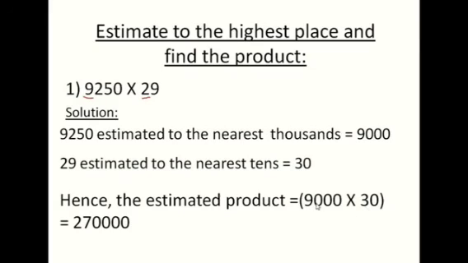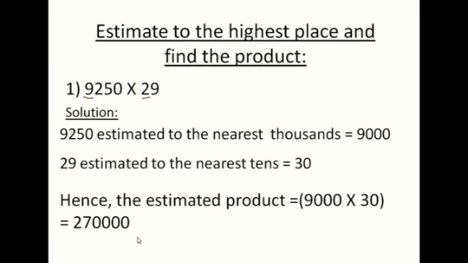Now count total how many zeros are there? 1, 2, 3, 4. So 27 along with 4 zeros. You need not work out in the working column for this kind of product. Only you multiply 9 and 3 and then count how many zeros are there and write all together. So it is very easy.